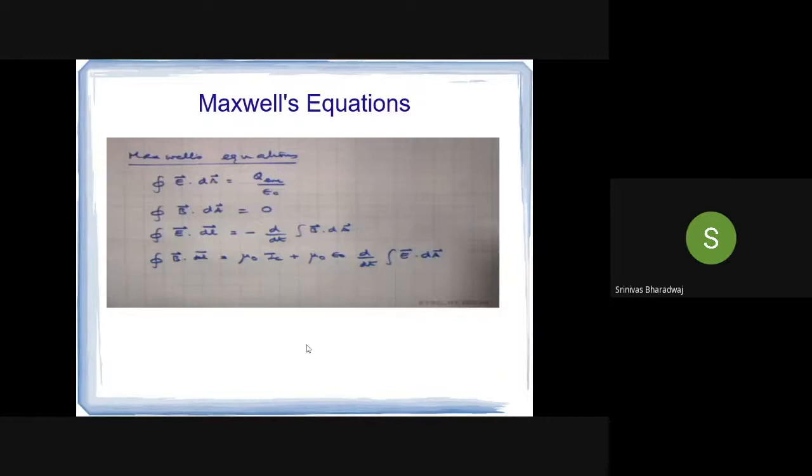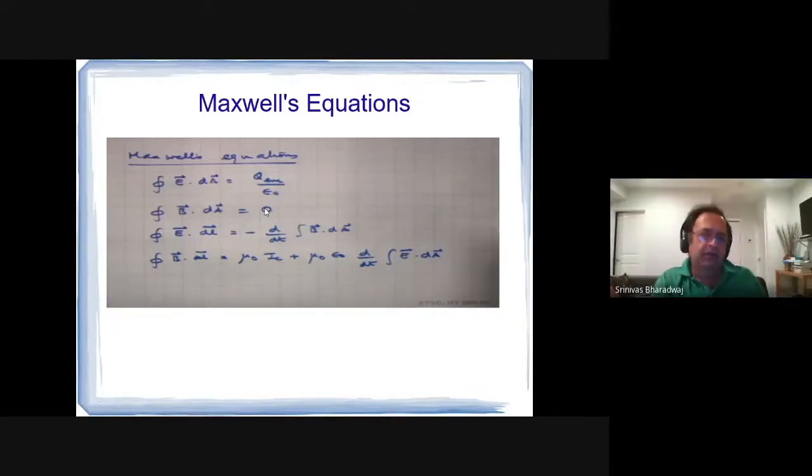So Maxwell's equations were therefore transformed into a new set. This is Gauss's law: E dot dA equals Q enclosed by epsilon. Gauss's law for magnetism is the non-existence of magnetic monopoles: B dot dA equals 0. You will always have a north and a south pole for a magnet.